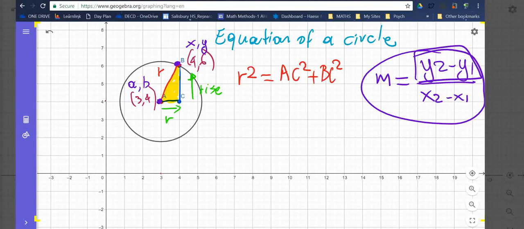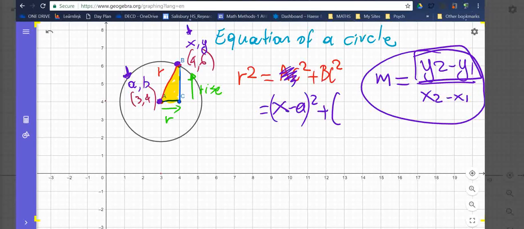Using this formula here, instead of AC squared, I put the run, which is x, take away a, squared, plus the square of the rise.